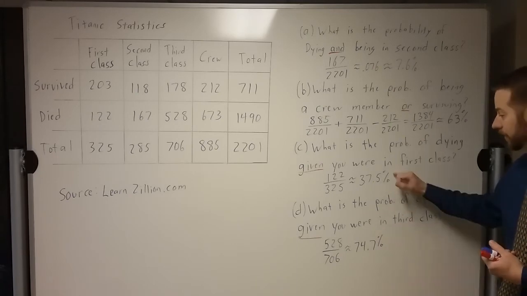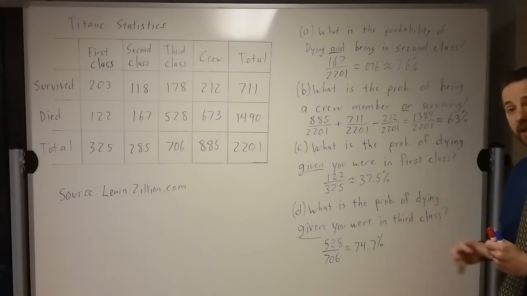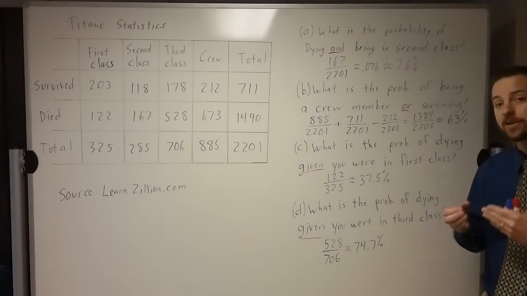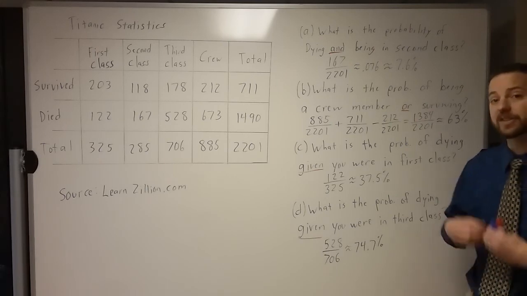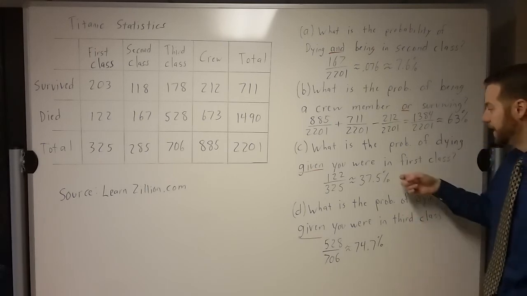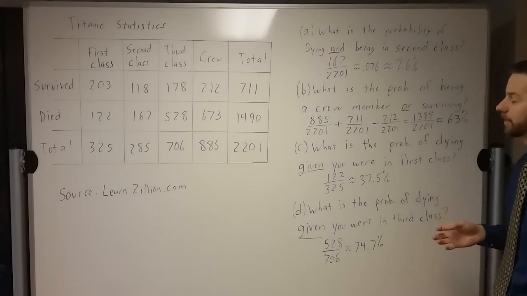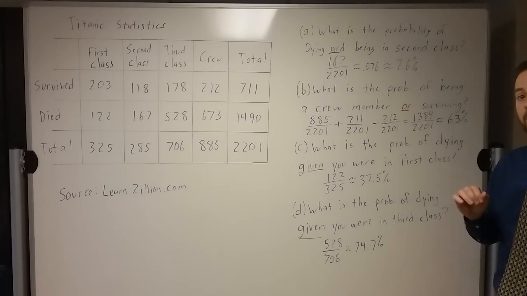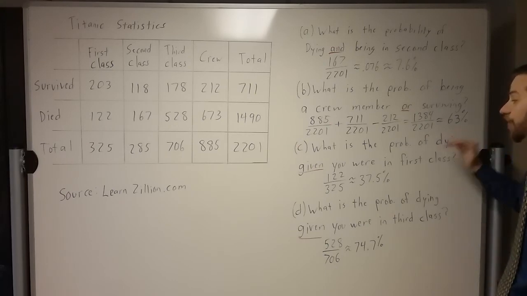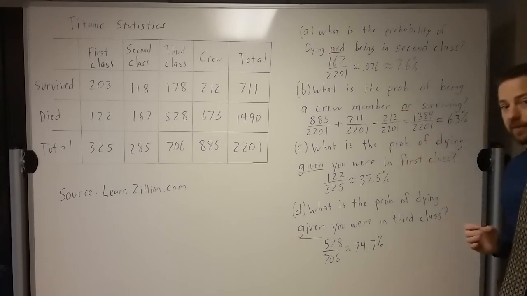And I wanted to talk about this example too because this is going to lead us into what we're going to talk about tomorrow, which is what we're going to call independent events. And the opposite of independent events is dependent events. These two events are dependent. The class you're in and your survival were dependent. The class you were in changed the probability of survival.